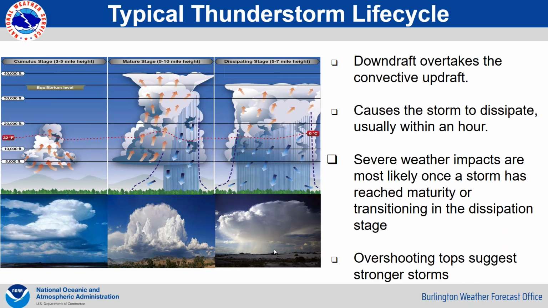Thunderstorm impacts will be greatest whenever the evaporative cooling process is strong enough to result in damaging winds. The most likely time that you are to see this occur is if you see a feature like an overshooting top. We often call the top of a thunderstorm the anvil top because it's flat and shaped a little bit like the flat iron of an anvil.